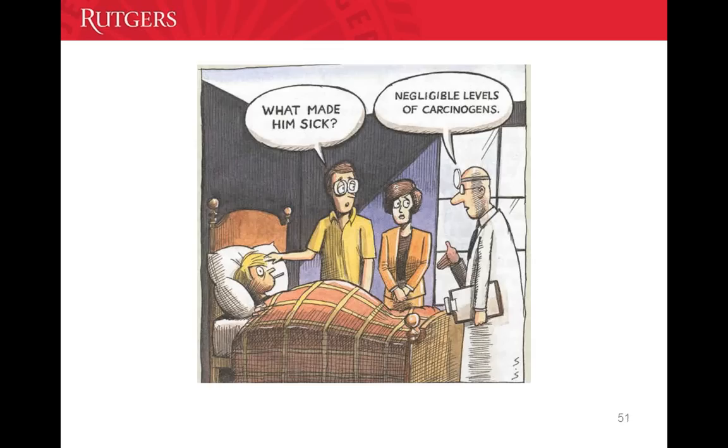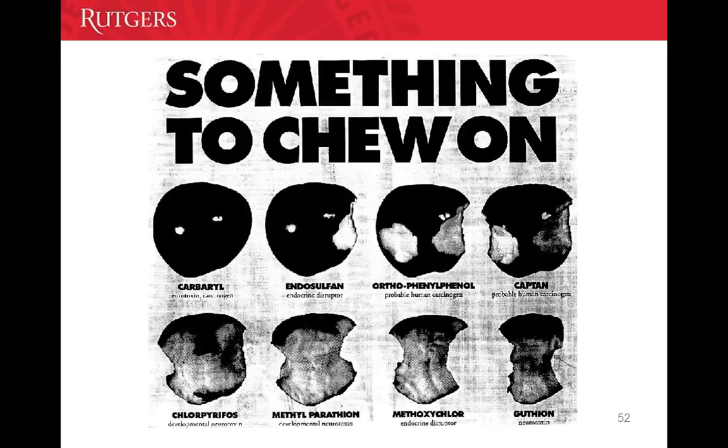In this little cartoon, they ask, what made him sick? And the doctor said, negligible levels of carcinogens. It's really hard to determine what the absolute number is. Now, people can display it in different ways. The NRDC put an ad in the New York Times and all the major national newspapers, but this one I just took a photo of from my New York Times, trying to describe the risk associated with chemicals, pesticides that were applied to apples.